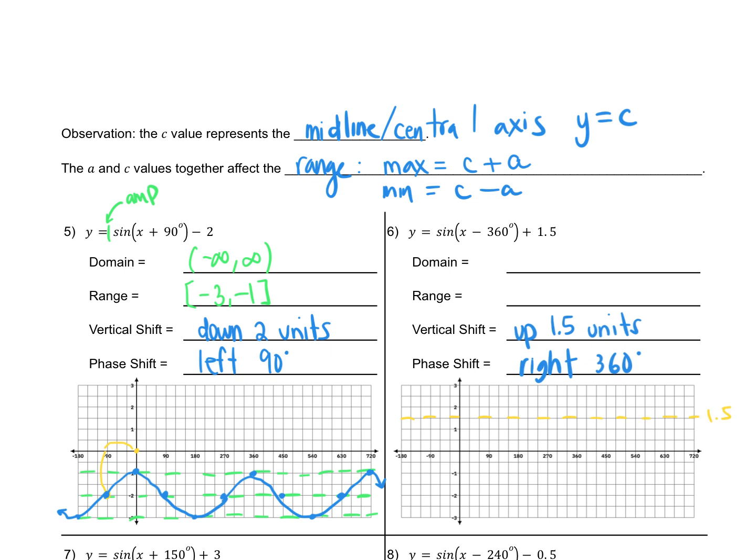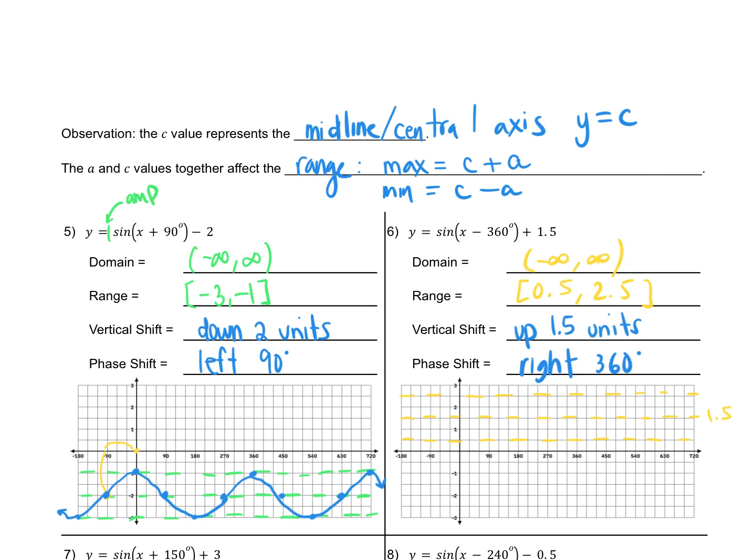And then my maximum should be 1 above that, which is at 2.5, and 1 below at 0.5. So 0.5 to 2.5 for our range. Now, once our amplitude gets a little more interesting, instead of just a 1, it will affect our max and mins more than just 1 above, 1 below, but it's a good start for us. And there's that infinite domain.